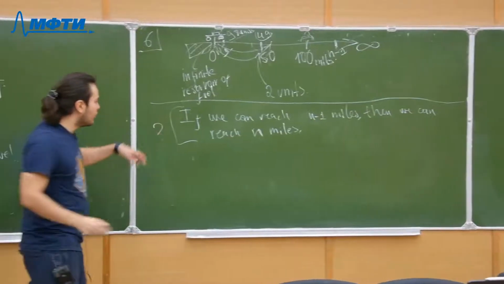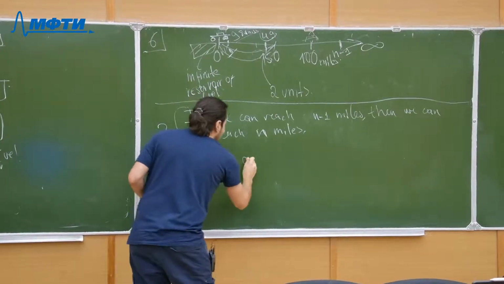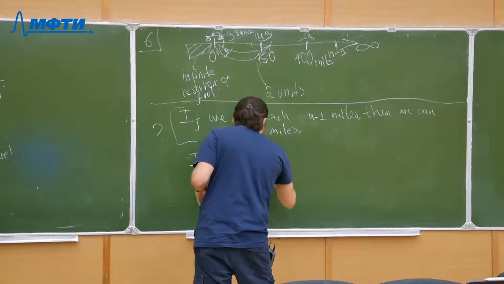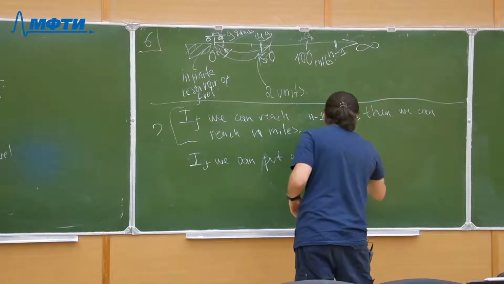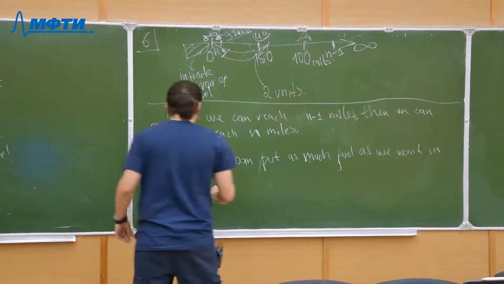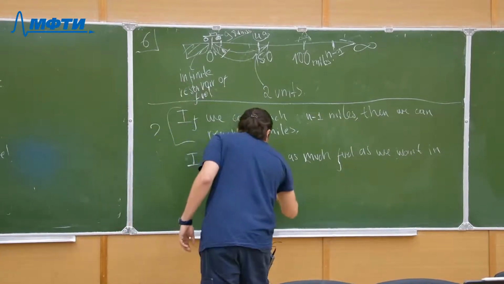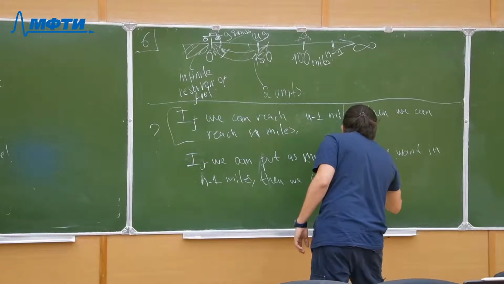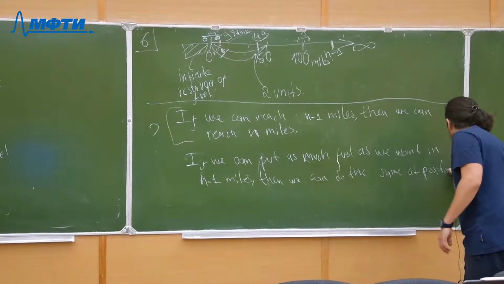We need to prove that if we can put as much fuel as we want at n minus 1, then we can do the same at position n.